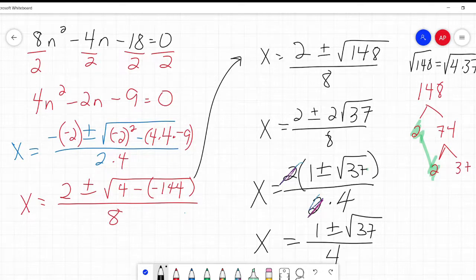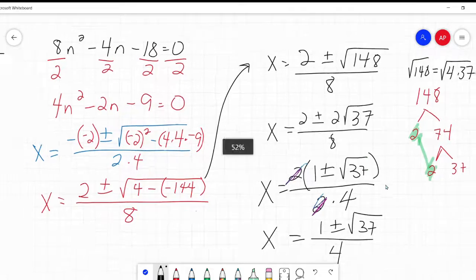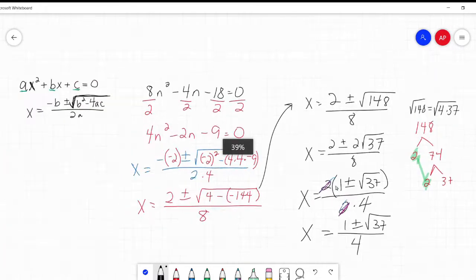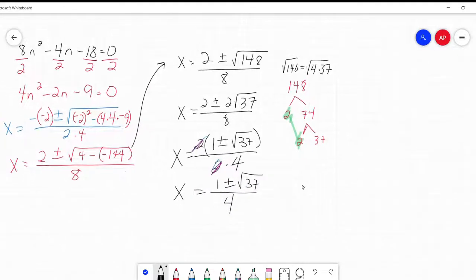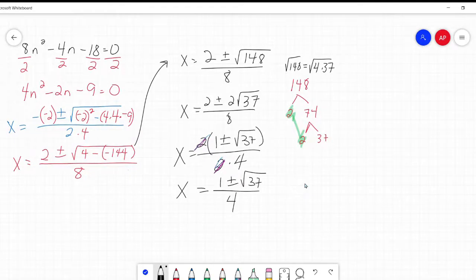Now in this particular case, at this point, because we can't simplify square root of 37, the vast majority of the time, your teacher is going to want you to leave it like this. She or he is not going to want you to plug it into a calculator and see what it is. There may be exceptions to that.